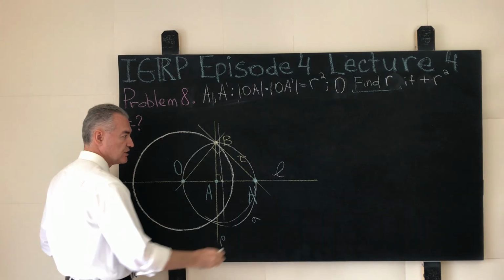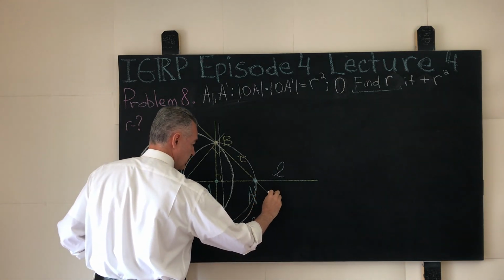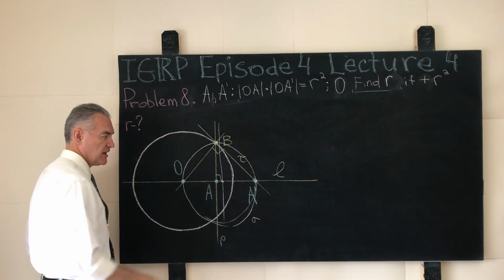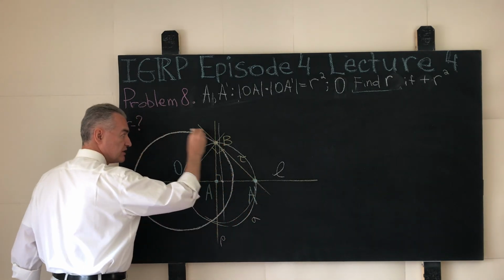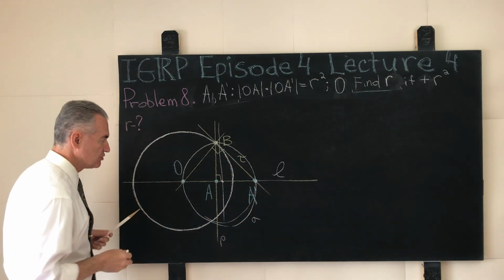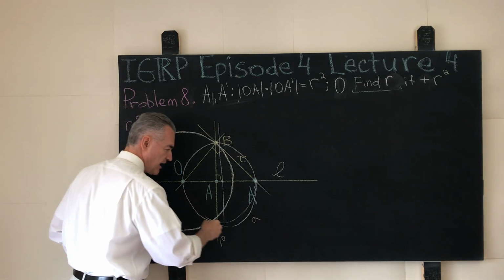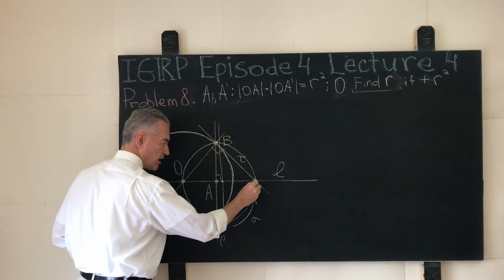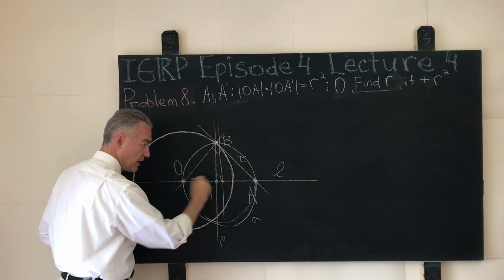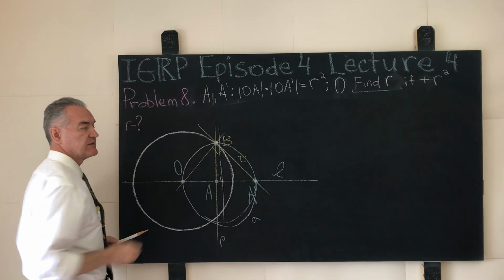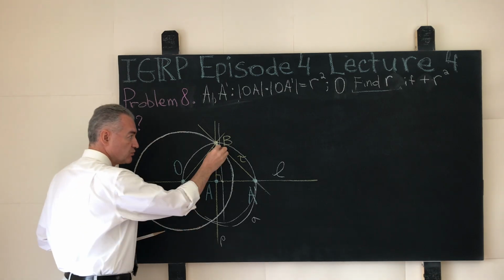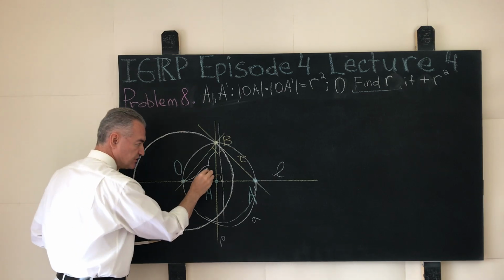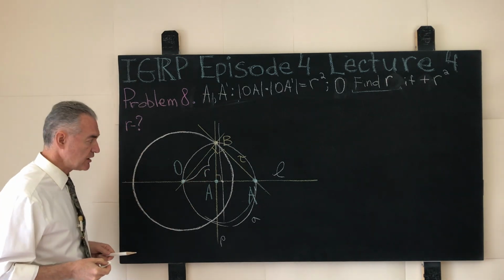So at this point, we can actually draw a straight line that passes through the points A prime and B, and that straight line will be a tangent to a non-existent circle. But we do not really need to do that, because the moment we intersect the helper circle sigma that uses the line segment O A prime as a diameter with a perpendicular to L through A, boom, we get our point B, and the distance between the point B and the center of inversion is precisely what we are required to find.